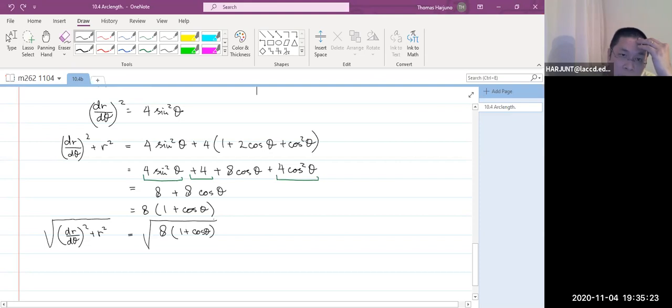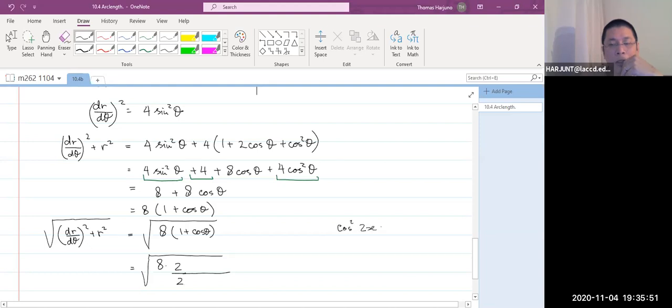Notice that the expression inside is something we can play around with. This is equal to the square root of 8 times 2 over 2. I want to use the identity cosine squared x equals, that will be 1 plus cosine 2x.